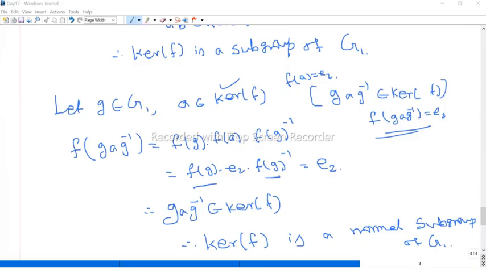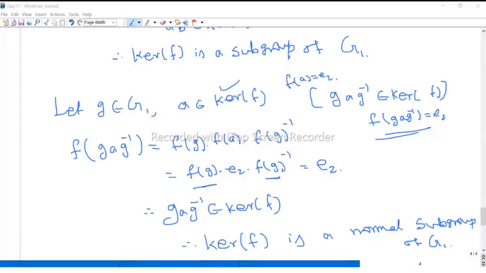Any doubts? Given any homomorphism, we can talk about the kernel. Because the kernel is a subgroup, it at least contains the identity element.